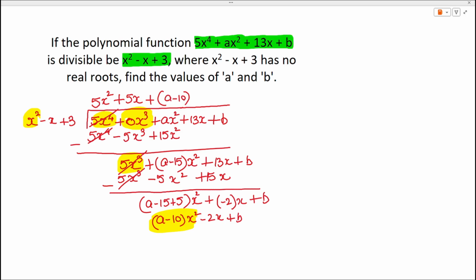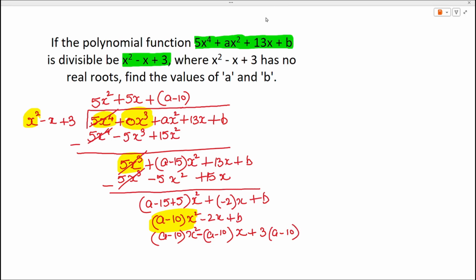So we'll write the term over here as a minus 10. A minus 10 multiplied by x squared gives us a minus 10 x squared. A minus 10 multiplied by negative x gives us a minus 10, but with a subtraction sign over here and an x, and a minus 10 multiplied by 3 gives us 3 times a minus 10.